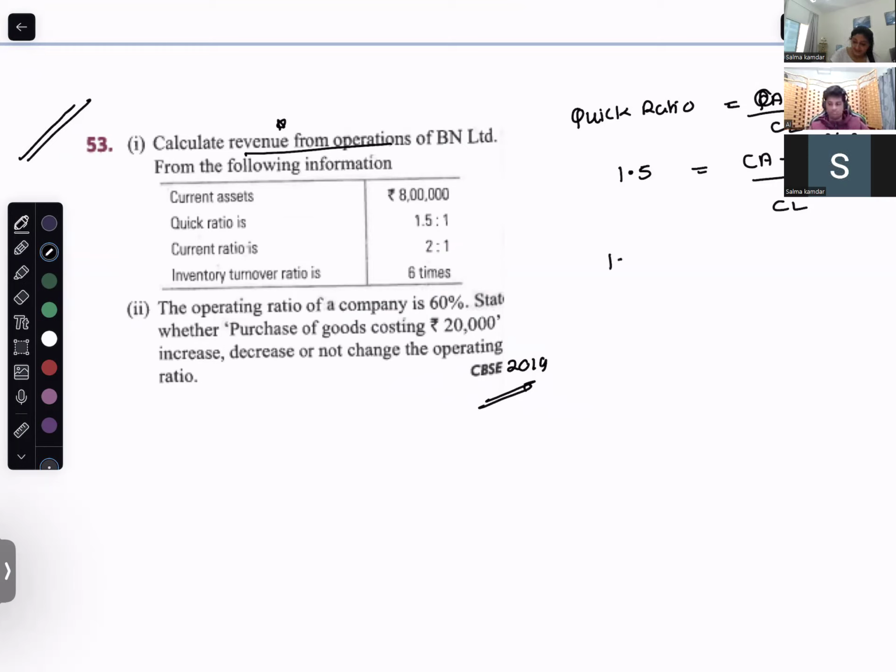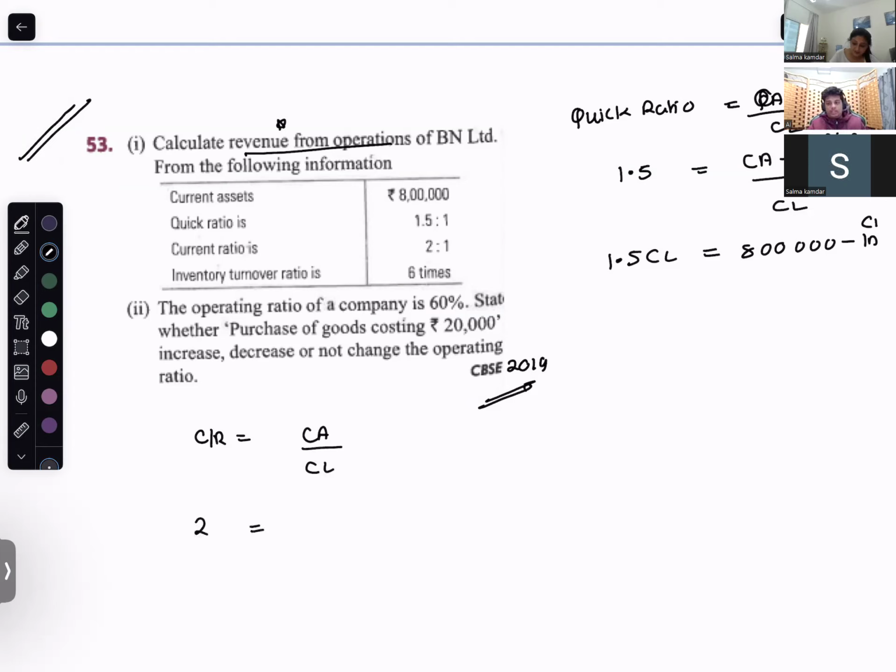So I can say 1.5 CL is equal to current assets, which is 800,000, minus the closing inventory. I don't see anything else that I can get from here. Do you see anything else? No. I will see current ratio is equal to current assets over current liability.